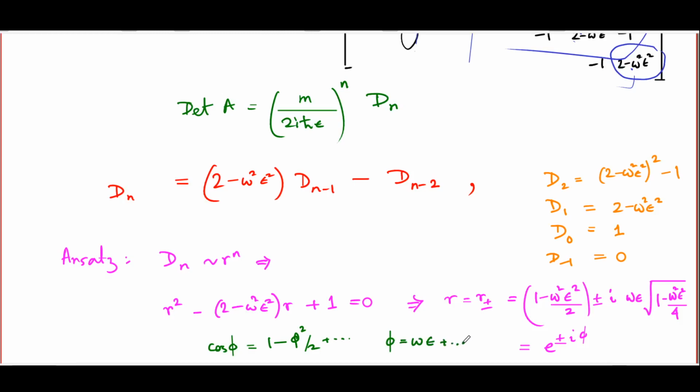Of course, there will be higher order correction terms, but for very small epsilon, phi can be replaced by omega epsilon without any problem. In fact, the imaginary part, of course, is plus minus i sin phi, and that also works out rather nicely from phi equals omega epsilon.